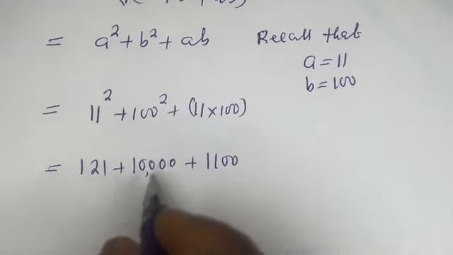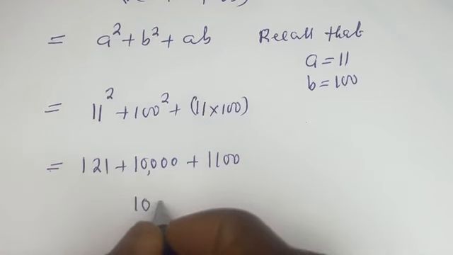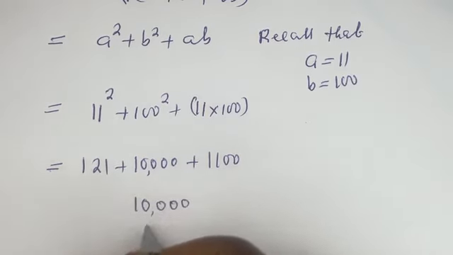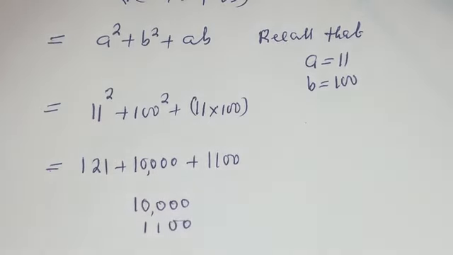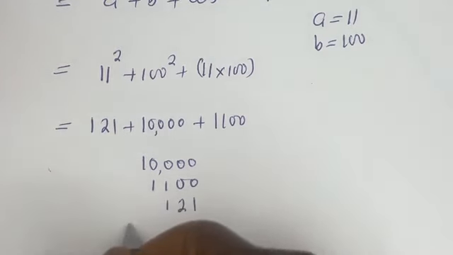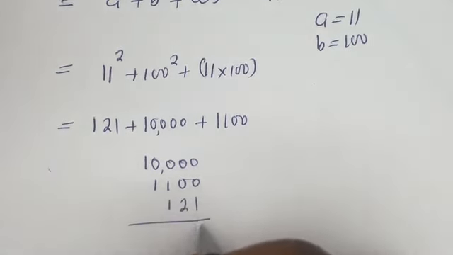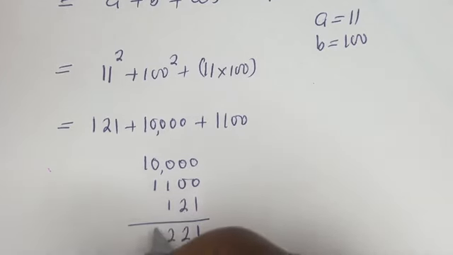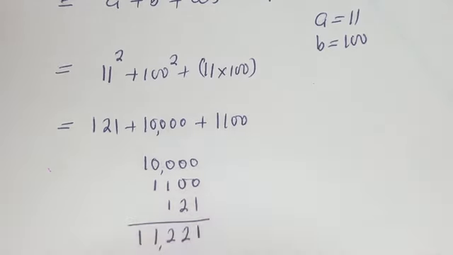Now let's add everything together. We have 10,000, 1,100, and 121.